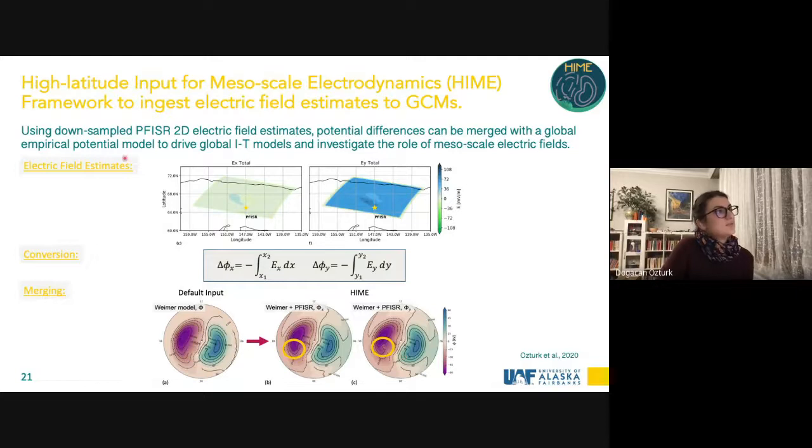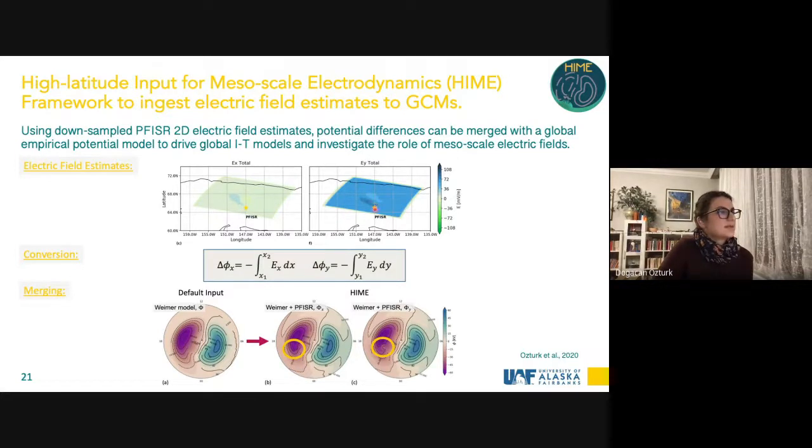So the first type of new insight is through data assimilation or ingestion. The High latitude Input for Mesoscale Electrodynamics framework that my colleagues and I developed helps us ingest these electric field estimates, the two-dimensional estimates from Poker Flat, as drivers to general circulation models. So you can see the EX and EY contour plots of the Poker Flat measurements at a given time.